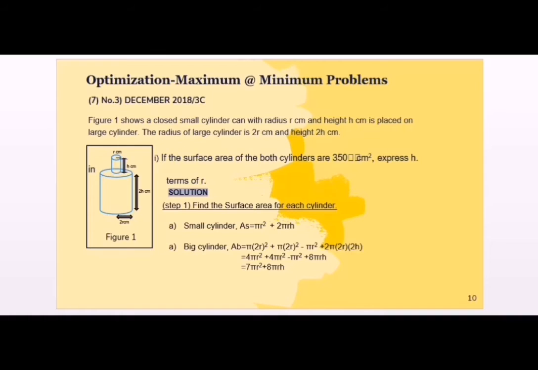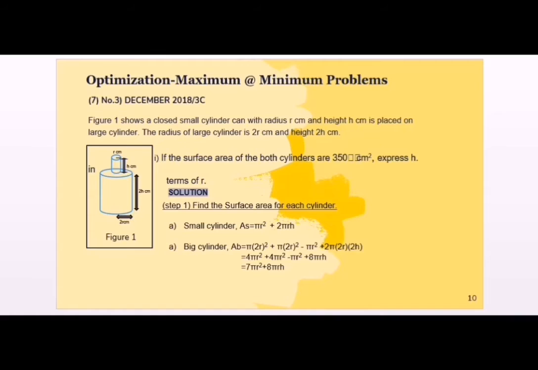So the first step to solve this question is we must find the surface area of both cylinders. As we can see in the figure, there are 2 cylinders, a small cylinder and a big cylinder.